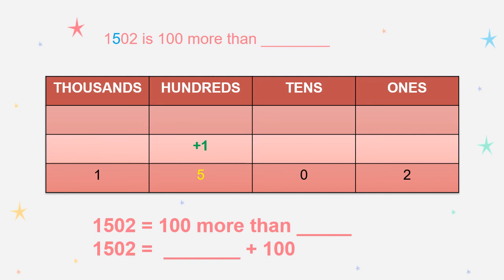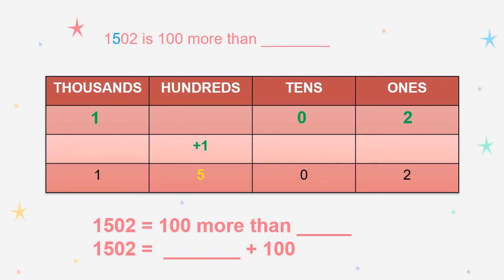Because we only plus 1 at the hundreds place, I make the number yellow, 5 yellow. So besides 5, all of the numbers are still the same. So I write here 1. The tens place is also the same, still 0. The ones place is also the same, still 2. So we just look at the hundreds place.